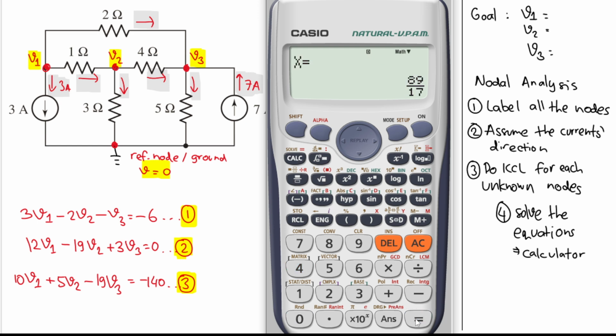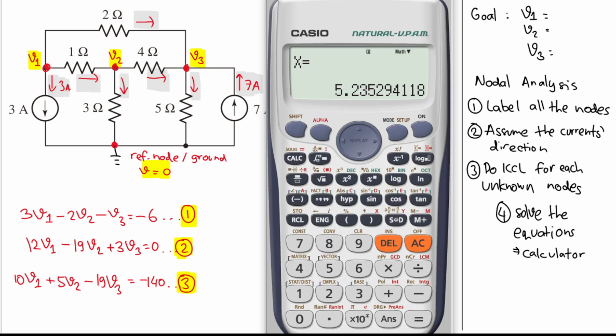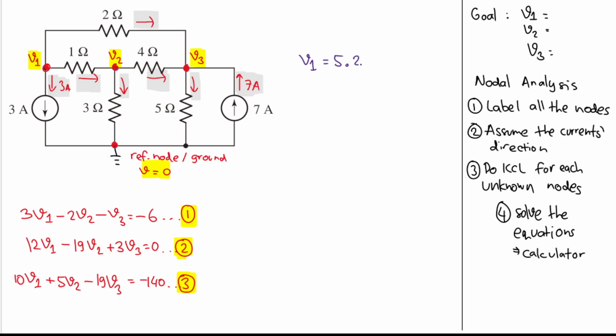Okay. And we have the value of x, which is V1 here, and to get the decimal we just press the S-D button here. So we will have 5.235. So our V1 here is 5.235, and the unit here will be in volt. And then what is V2?